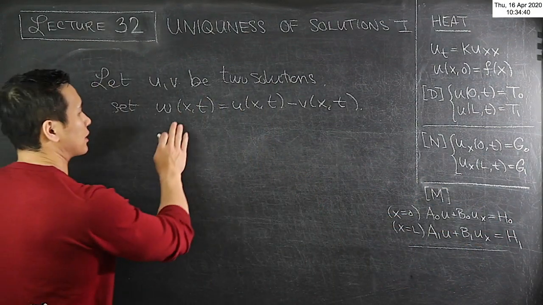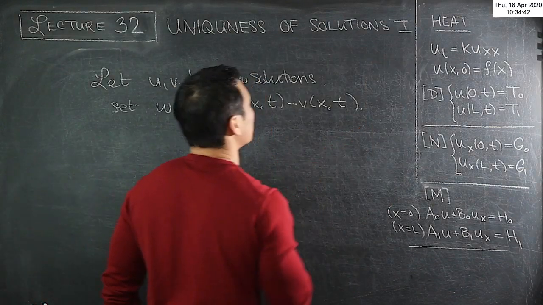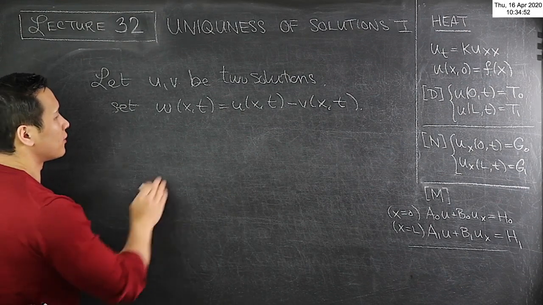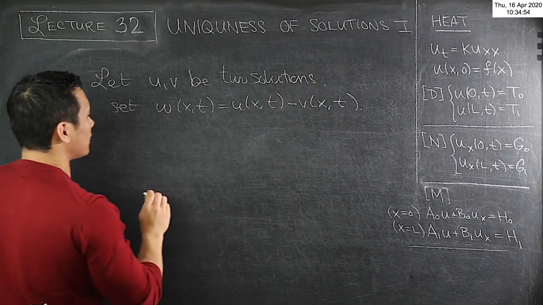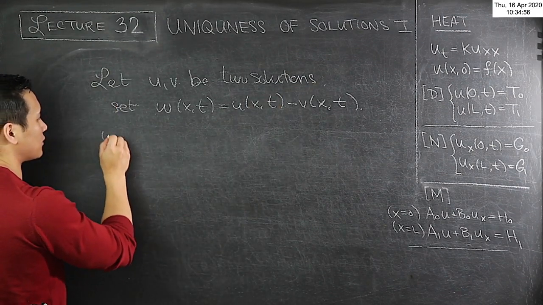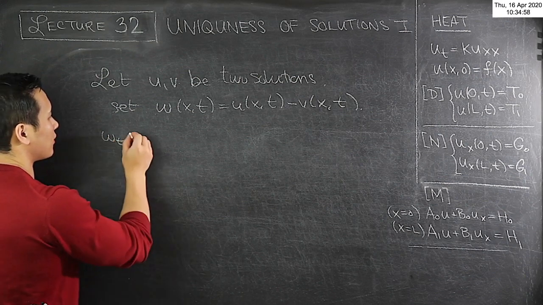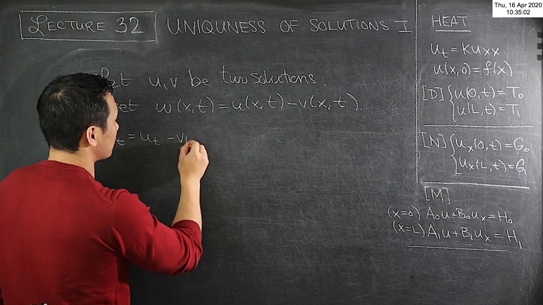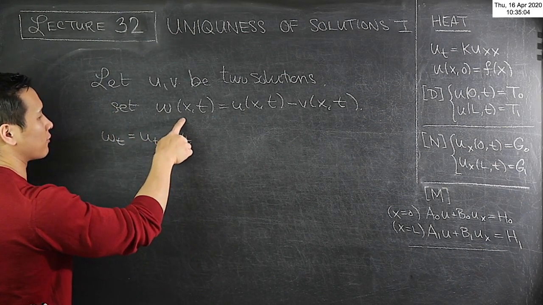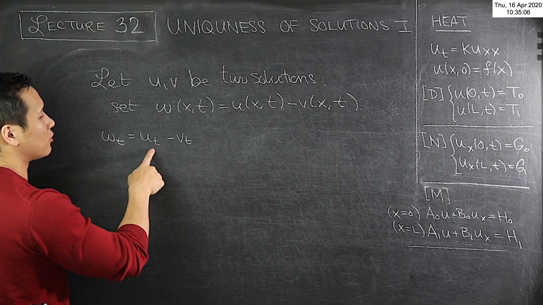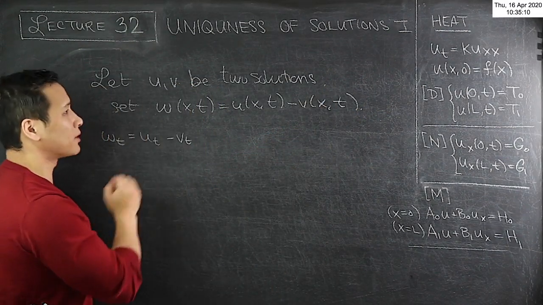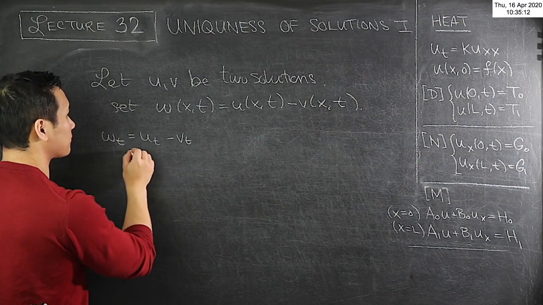Okay. So let's put this into this equation here, and you notice that if you put this into the PDE, I have w_t is equal to u_t minus v_t. This is just from taking the time derivative of this quantity, but I know that u_t and v_t are given by that PDE because I've assumed that they are solutions.